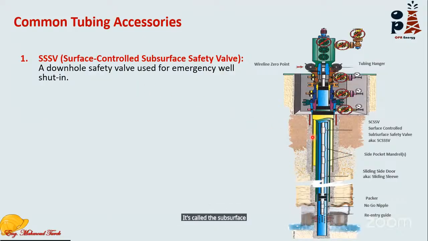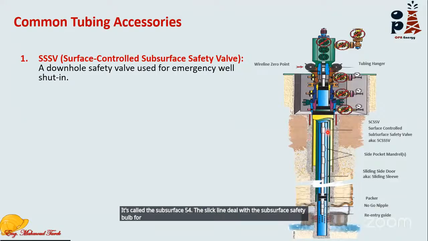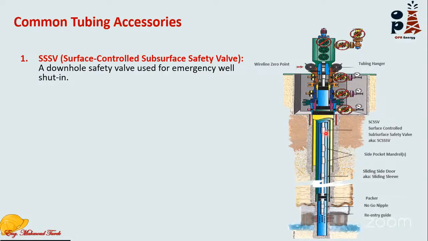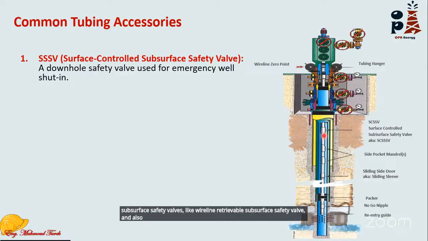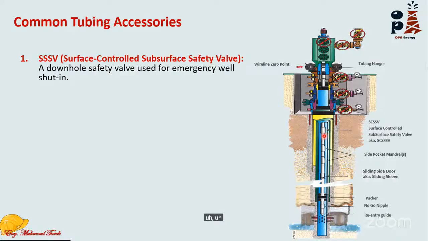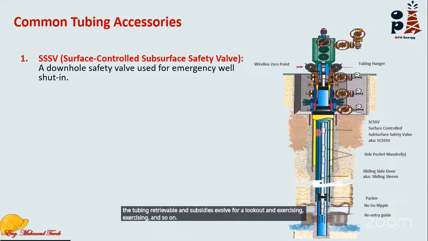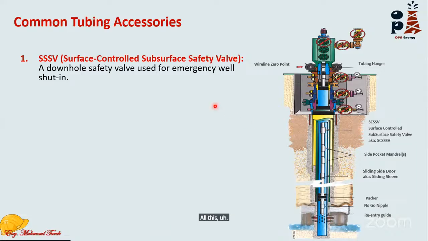The Slickline deals with it for installing and retrieving some types, like the wireline retrievable subsurface safety valve, and also for troubleshooting the tubing retrievable subsurface safety valve, for a lockout, exercising and so on. All these details will be discussed in the course in detail.